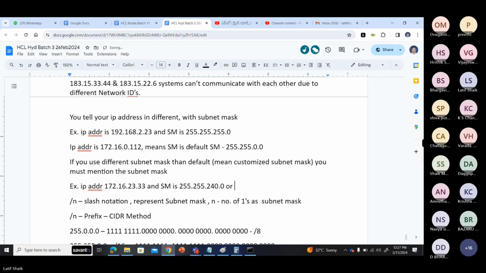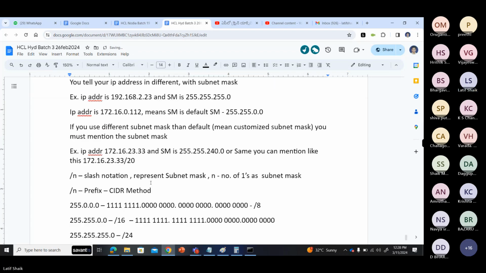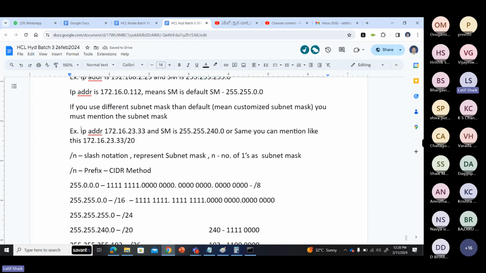Or you can mention it like this: 172.16.23.33/20, since 240 is 8 plus 8 plus 4, which gives 20. Like this, you have an IP address and the subnet mask.